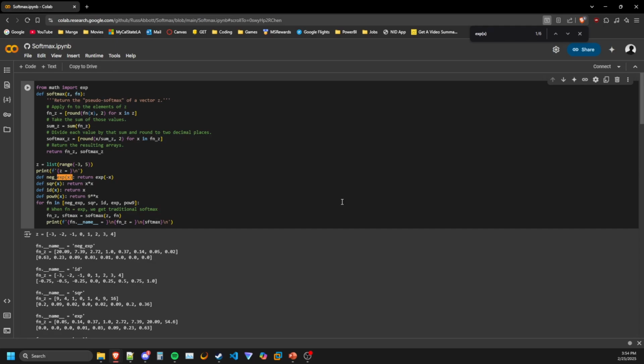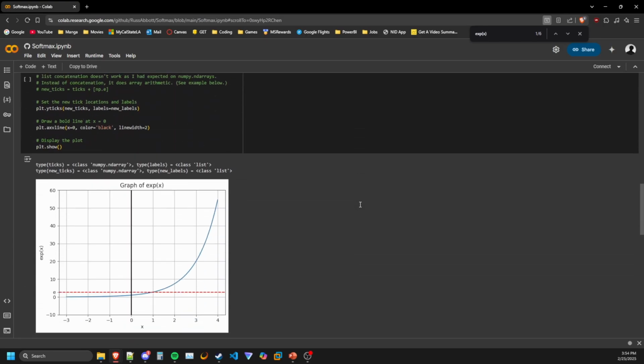That would be the identity function. In that situation, it would normalize the values directly, but would it emphasize the differences? I'm showing off why we use exponentiation in the first place and why it matters so much. Because if we were to replace this, softmax wouldn't really be the same.